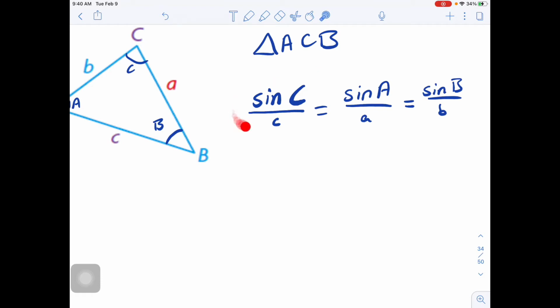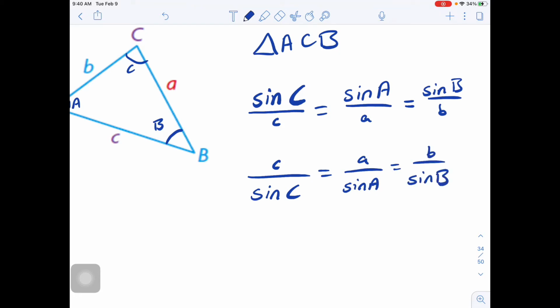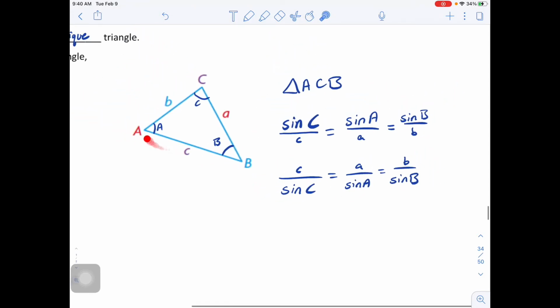So we have this really neat set of rules. You can also invert this: little c over sine C equals little a over sine A equals little b over sine B. So some really neat, useful laws in order to solve non-right angle triangles.